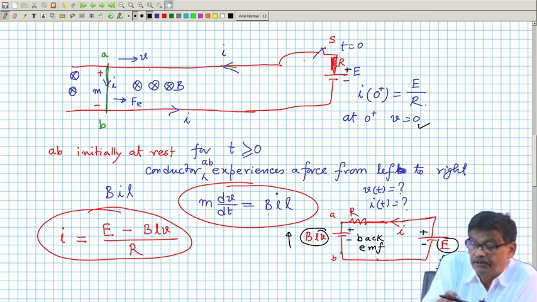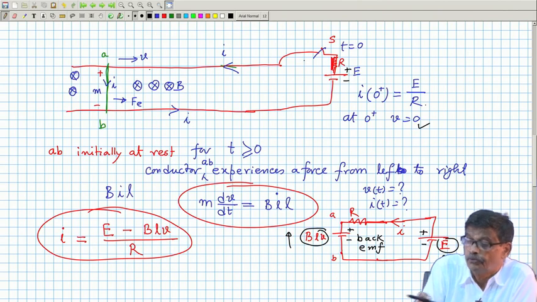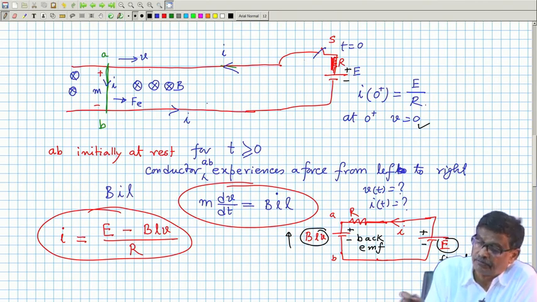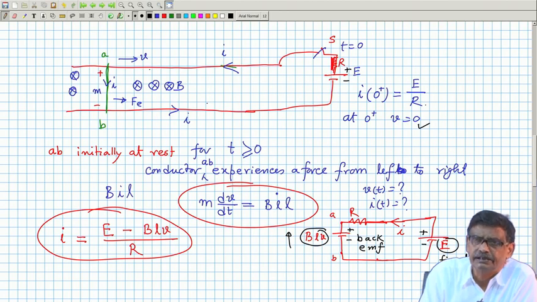When that velocity is attained, the current will be 0, and the conductor will move with that velocity indefinitely from left to right. Will it violate any physical rule?